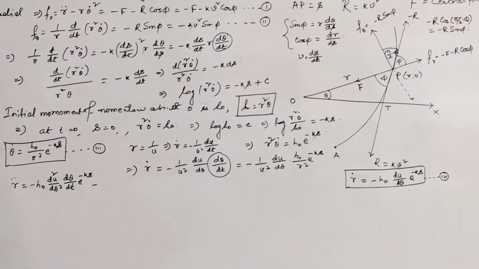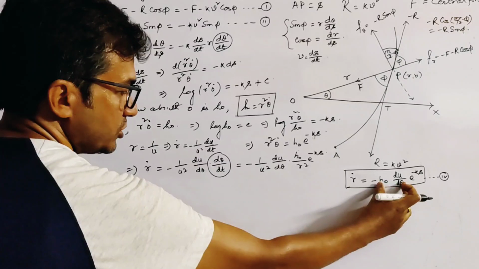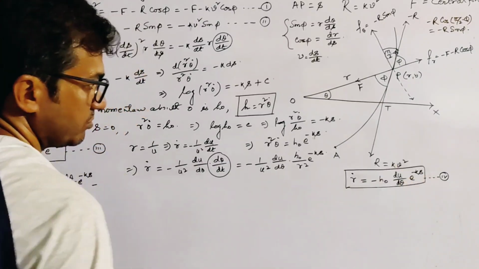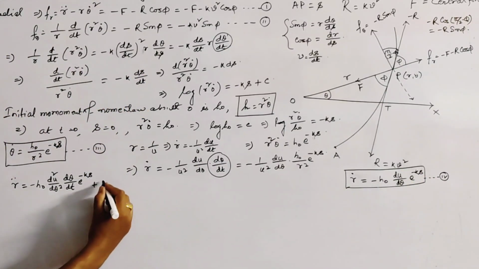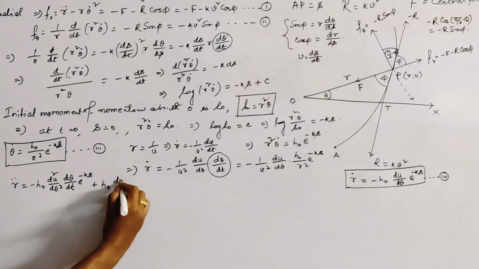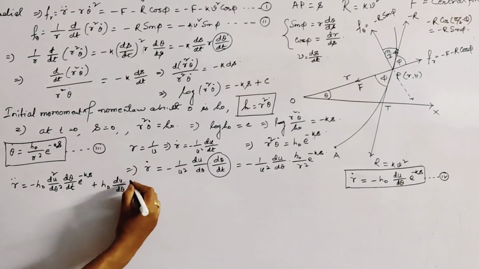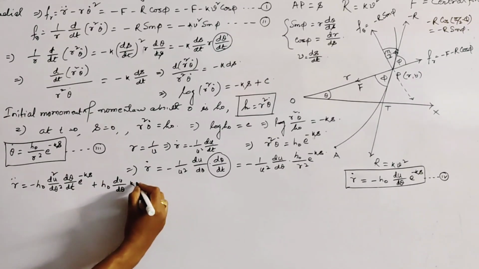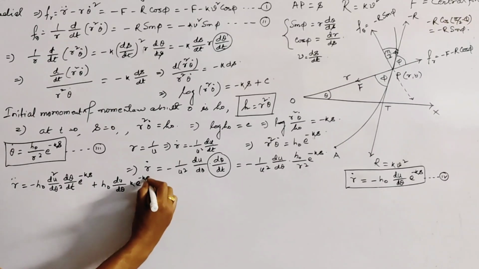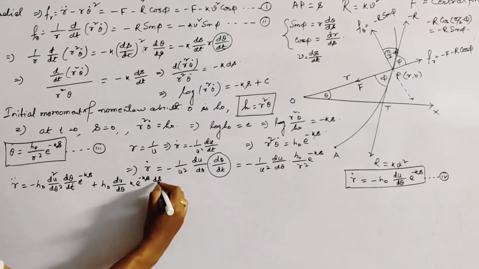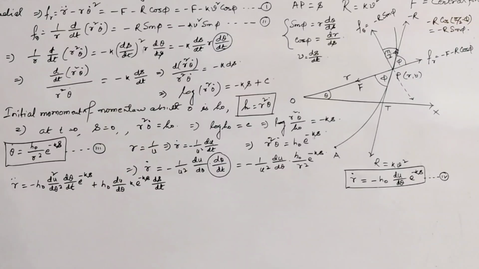The second term, this term is constant, the derivative of the second term, is plus h0 du d theta into k e to the power minus ks and ds by dt.